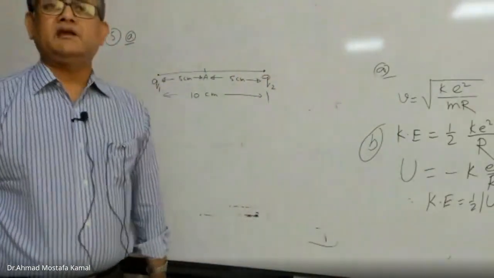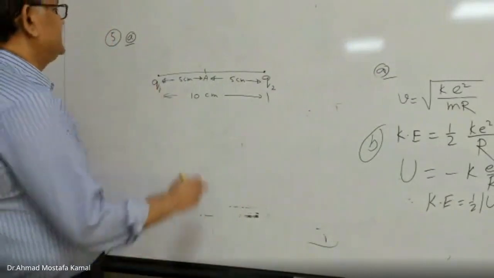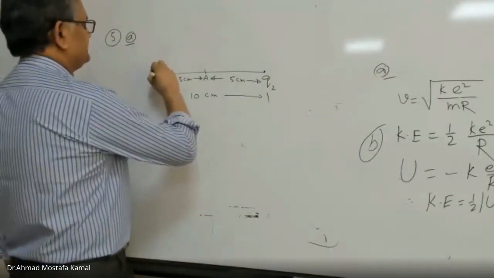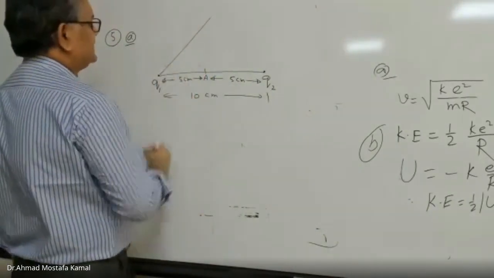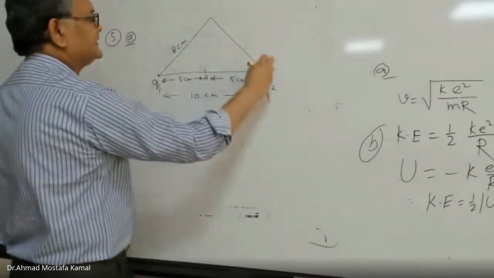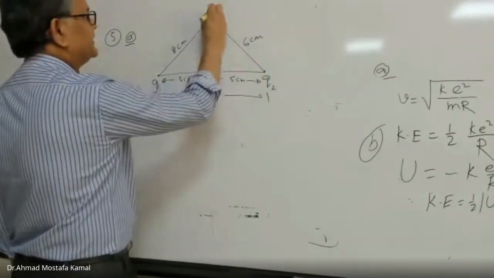So B cannot be here. B is to be in other points, like say for example, from Q1 it is 8 centimeter, and from Q2 it is 6 centimeter. Okay, and this is point B.